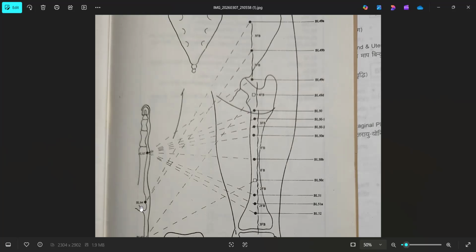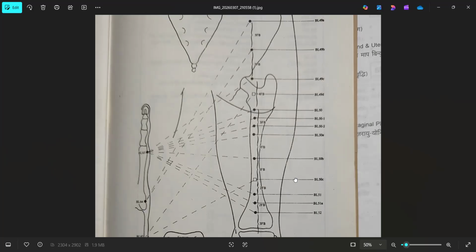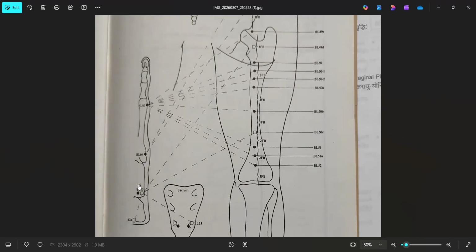Then comes UB64, which is taking care of 49A and 49B. Most importantly, BL50C for the clitoris and the penis is taken care of by touching BL63, which is also taking care of sacral innervations.